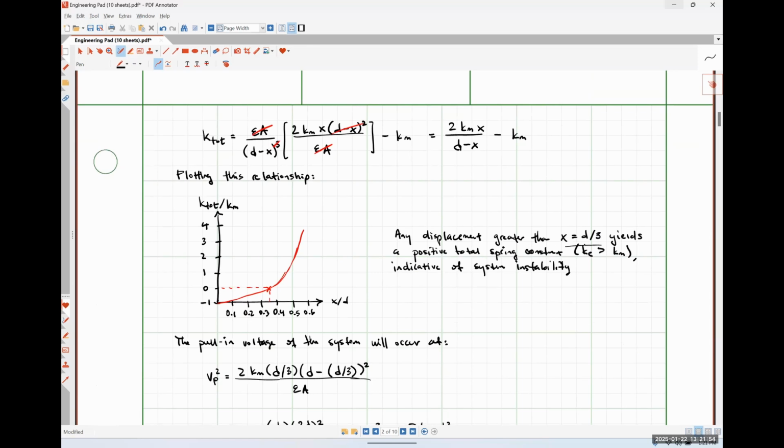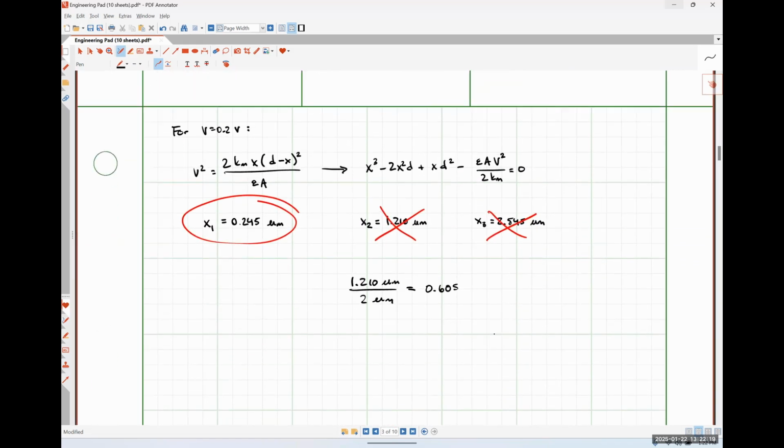Any displacement greater than the distance over 3, right? So because our ratio of X over D was greater than 1/3, that can't be correct because we should have seen pull-in if our displacement was that large. And we know that our voltage isn't large enough to generate pull-in because it's smaller than the pull-in voltage. Does that clear things up? Great. All right, any other questions about this guy before we move on to another example problem?